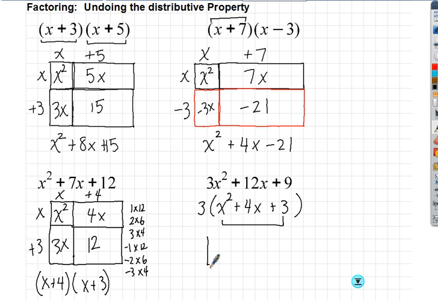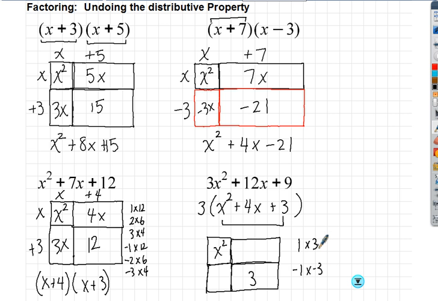So using the same model, let's say this is x squared. And this has to have an area of 3. And now I just got to fill in these other two rectangles to make the whole area. So I'm thinking to myself, what numbers multiply together to give me 3? Well, I've got 1 times 3, or I've got negative 1 times negative 3.